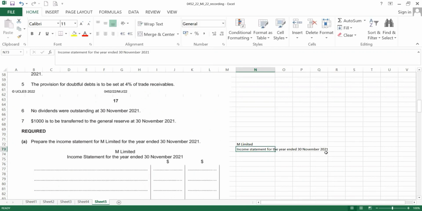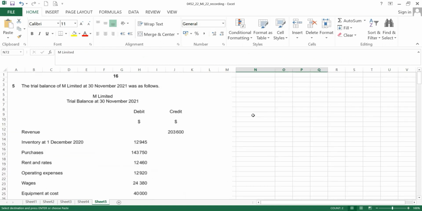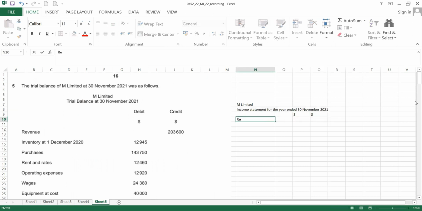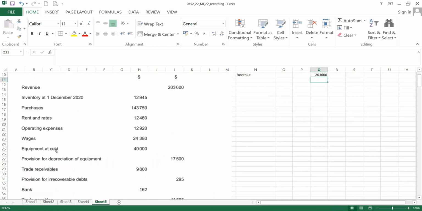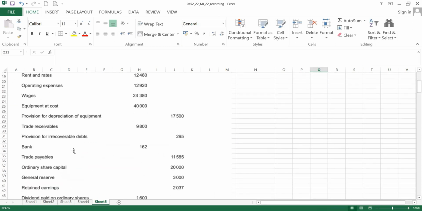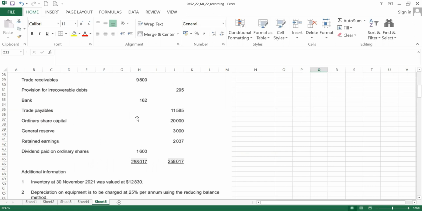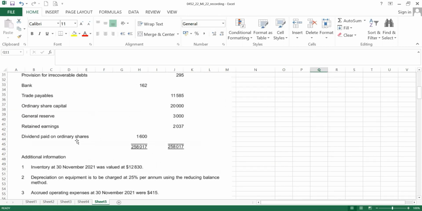Two columns needed. Start with the revenue. Always start with the revenue. Revenue is 203,600. See whether there is any sales return. No sales return. We put in the amount from the trial balance.